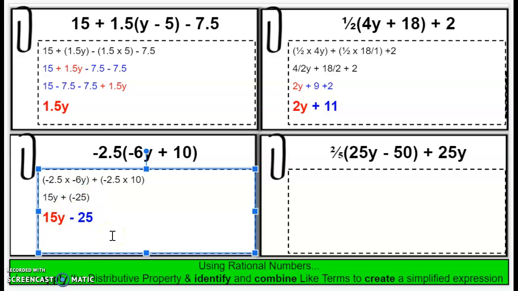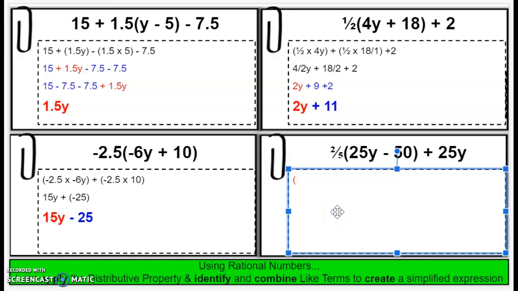Okay? All right, so now moving on to the last one. We realize that when we have fractions, if we have a whole number, we just put that whole number over 1, and we can then multiply our fractions. So let me go ahead and write this out. Let me make sure this is set up right, because this one is a little bit longer. So I'm going to distribute my 2 over 5 into my parentheses.